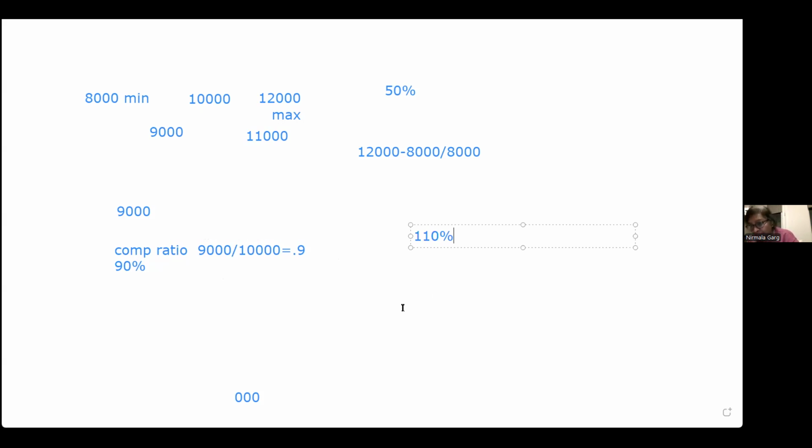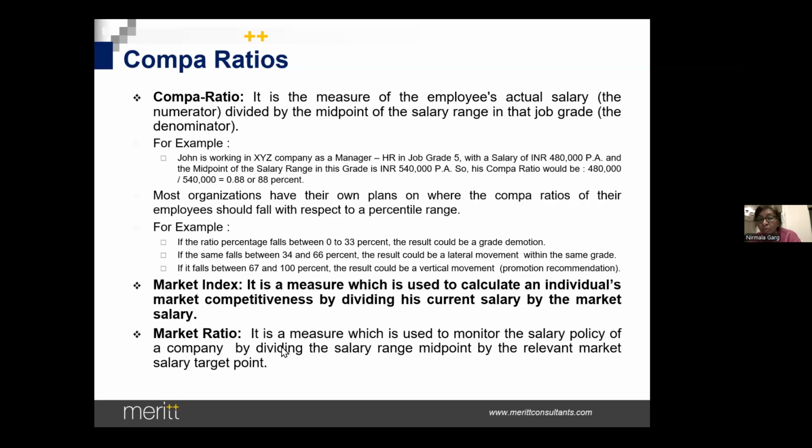Let us go back. So you know the formula for a comp ratio, and it helps you understand who are the people getting more than the midpoint and who are getting less.